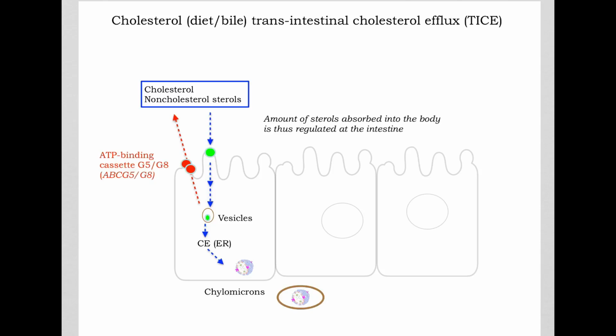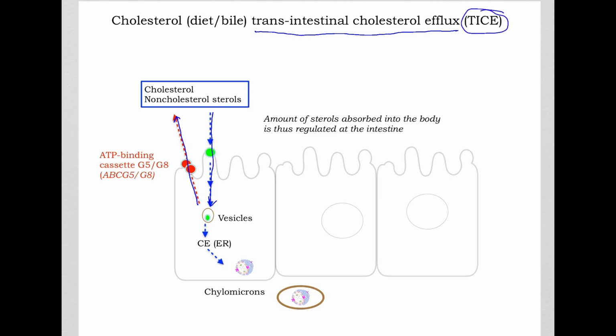Now it's important to note that cholesterol is not only absorbed by enterocytes, but cholesterol can be removed from enterocytes back into the cavity of the small intestine, and this is done by a process called trans-intestinal cholesterol efflux, or TICE.